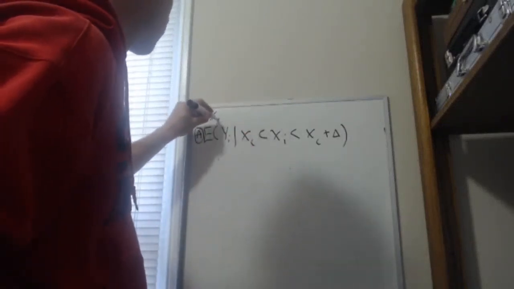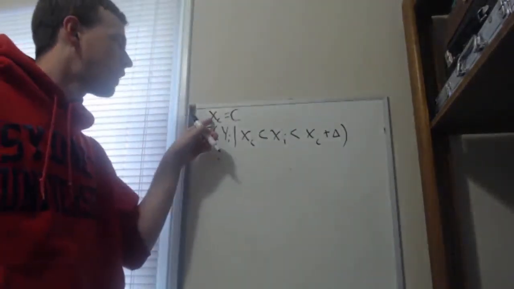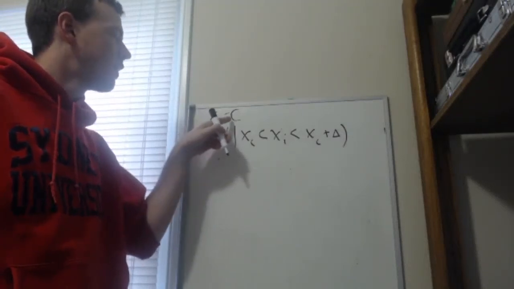So Xc equals capital C equals the cutoff. This is just the value of the running variable, the percentage of vote from the previous election in this case, that is equal to the cutoff.